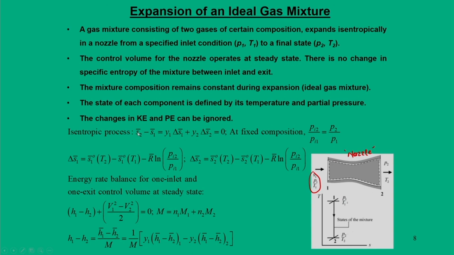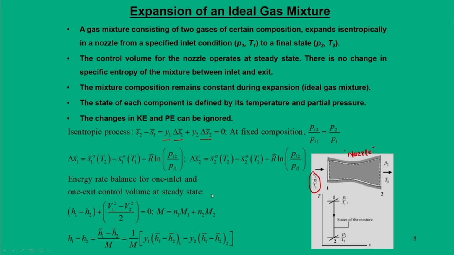So we can calculate S2 bar minus S1 bar, which is the mole fraction y1 multiplied by delta S bar for component 1 plus y2 into delta S bar for component 2. Again, if you recall our previous relations, delta S1 bar and delta S2 bar can be calculated with the concept of absolute entropies and partial pressures of each gas.